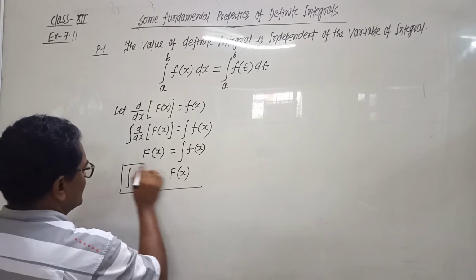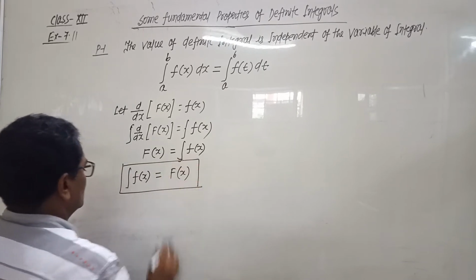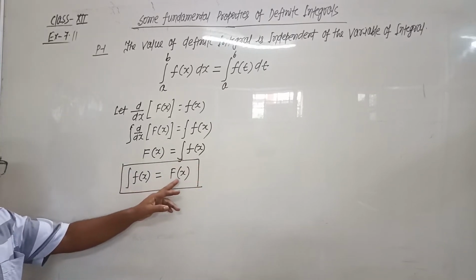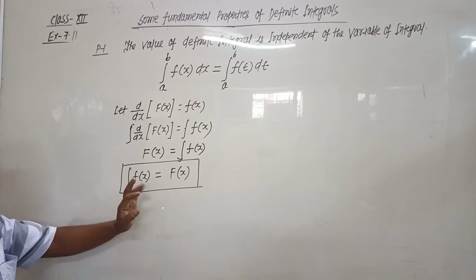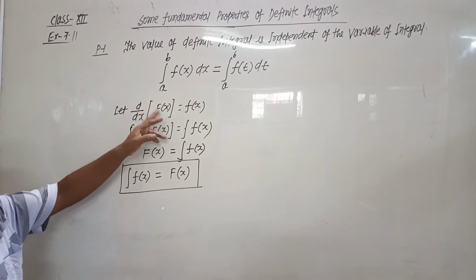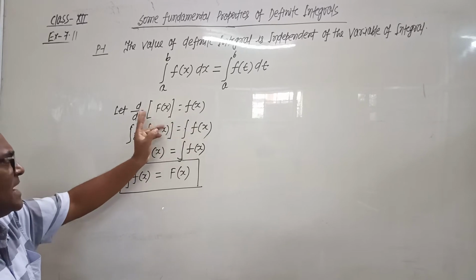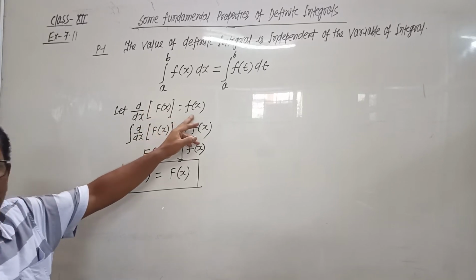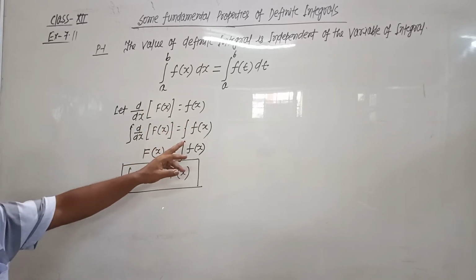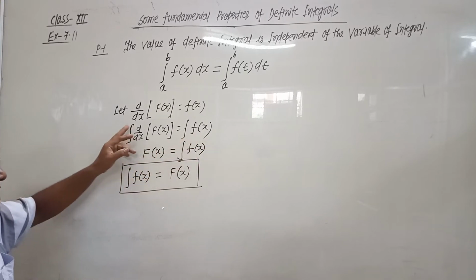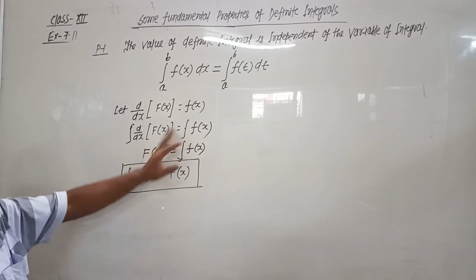So in place of the integral of small f(x), we use capital F(x). We supposed that d by dx of capital F(x) equals small f(x), then we integrated both sides.